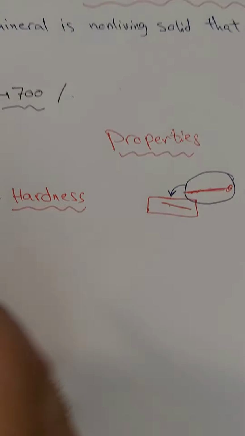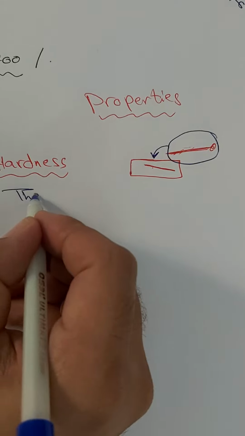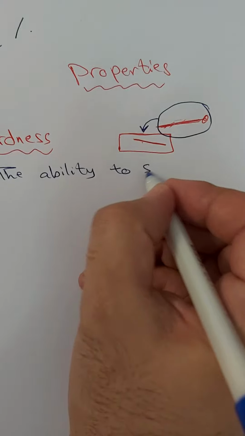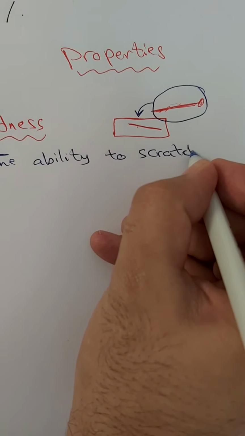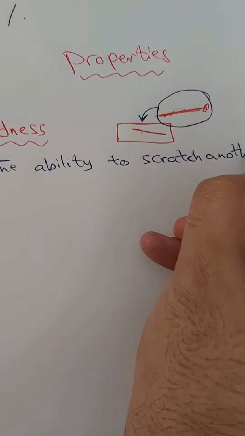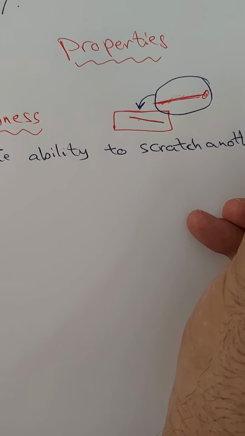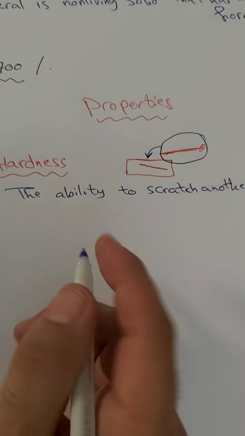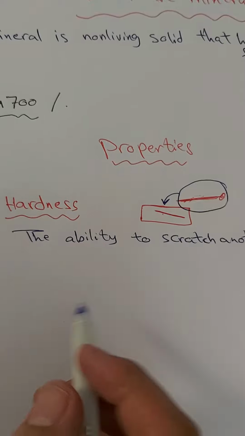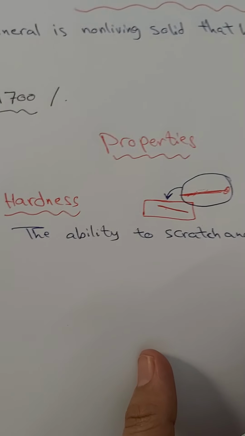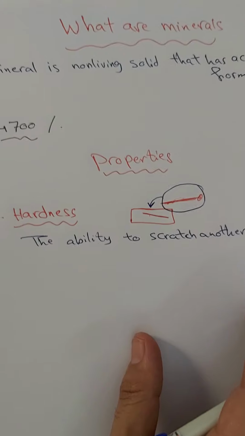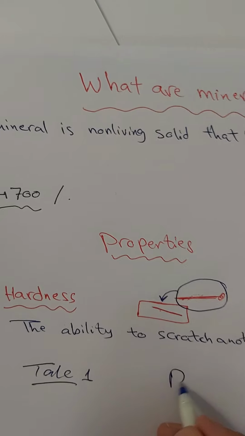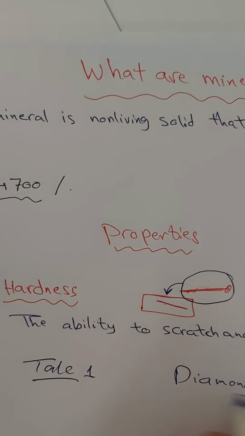The same meaning applies to minerals, because minerals include metals in general. So hardness means the ability to scratch another mineral. And we said Frederick Mohs put a scale, graduated from 1 to 10, to tell about the power of hardness. Talc equals 1 and diamond equals 10.